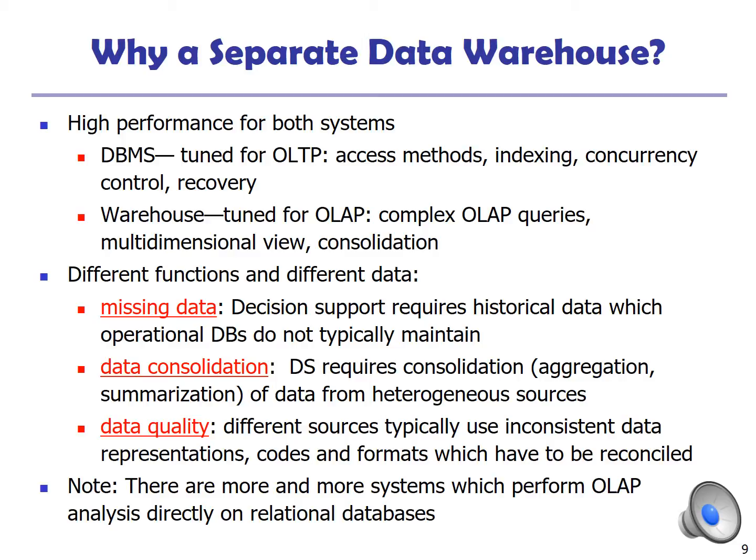Different sources use inconsistent data representations. If you have to ensure data quality on the go, these complex queries are going to take an awful lot of time. So if we actually clean up the data and have a data warehouse ready, which can be used for these complex queries, it's going to be much easier.